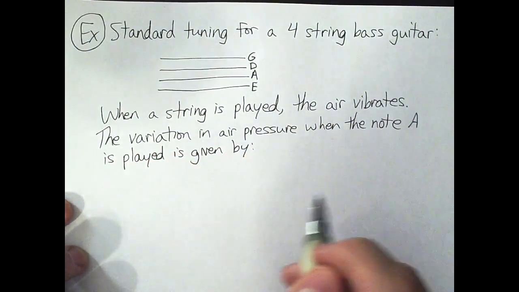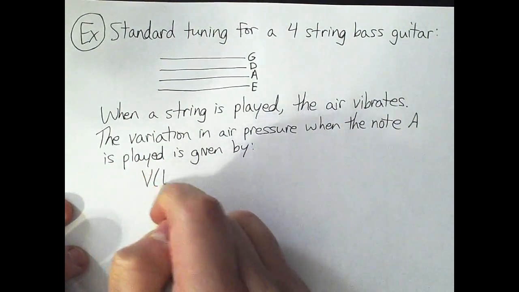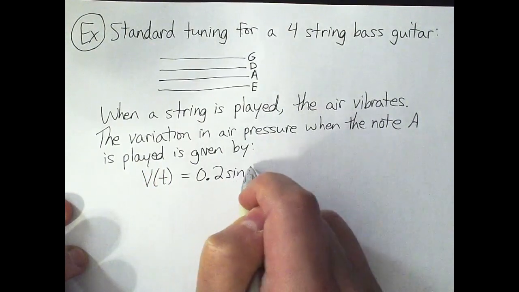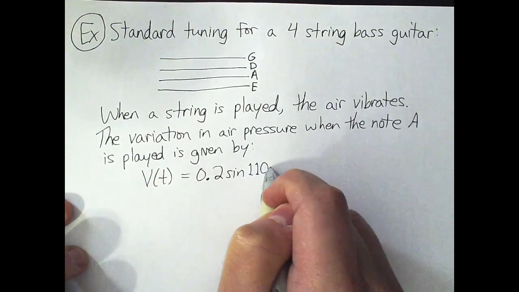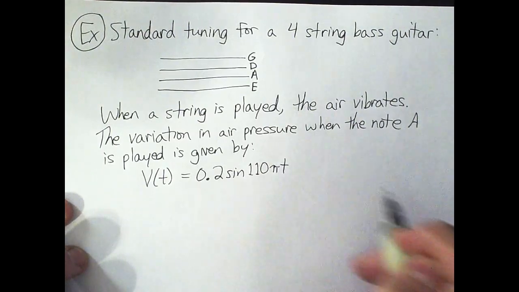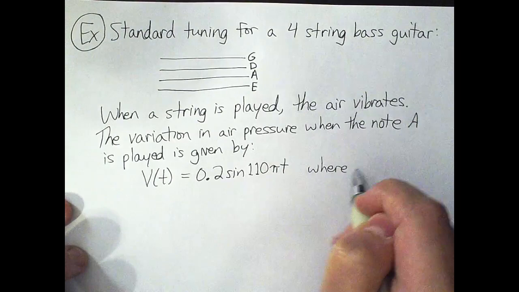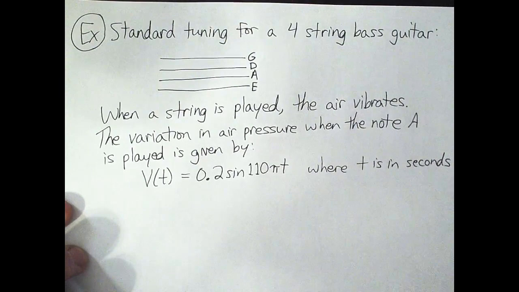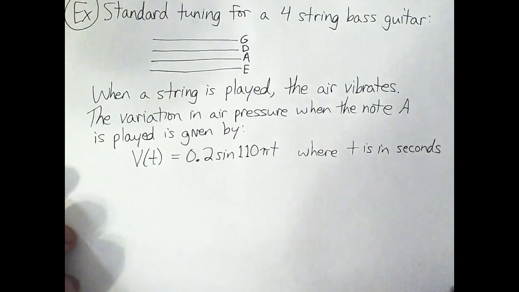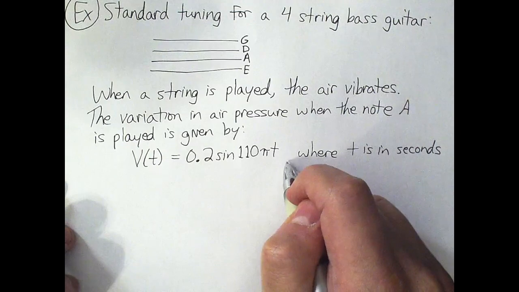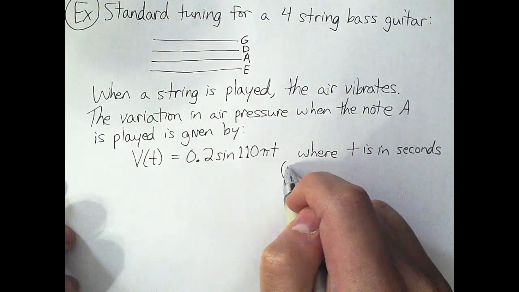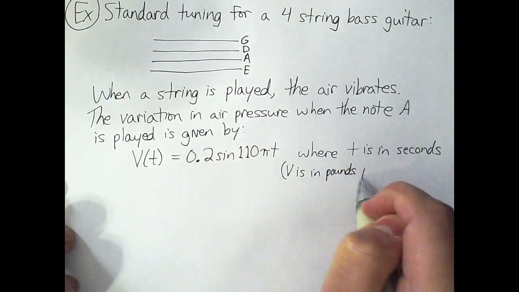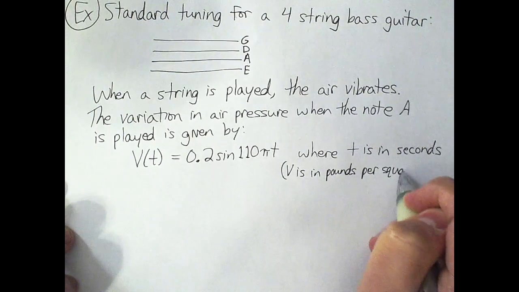So this is going to be a long word problem, but it's going to give us a function to work with, and it's v of t, and it equals 0.2 sine 110 pi t, where t is in seconds. And then in parentheses, I'm going to tell you that I'm not going to test you on this, but v is in pounds per square inch.